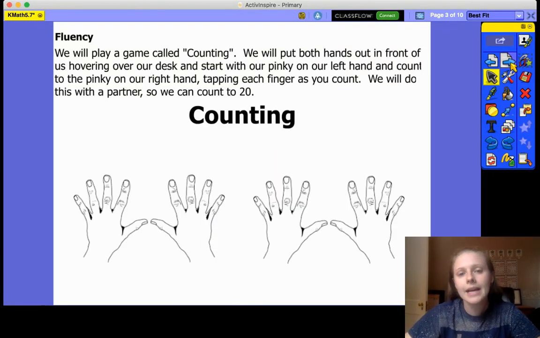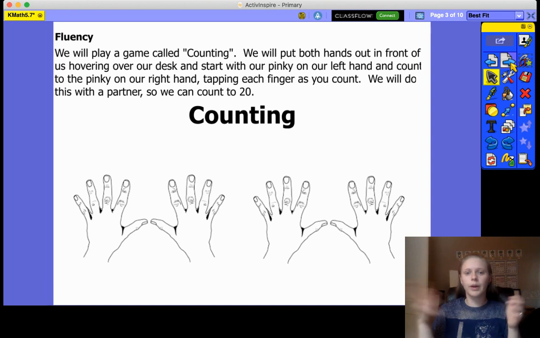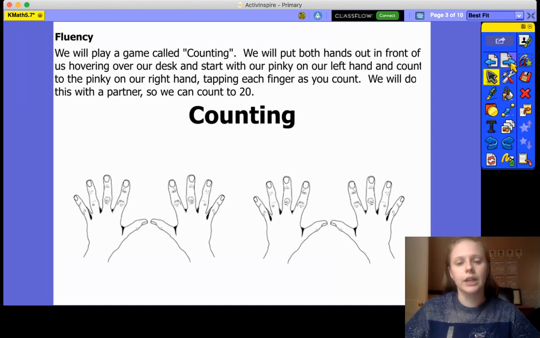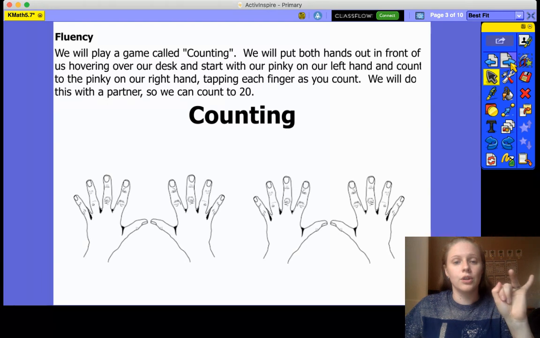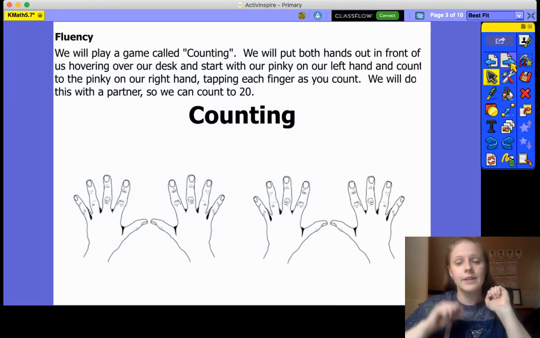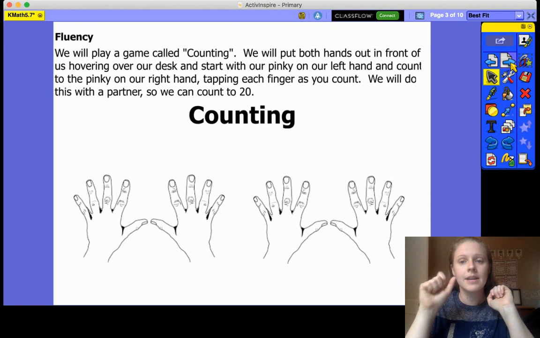All right, we're going to play a counting game, and if you don't have a parent or a sibling nearby, that's okay. But if you do, bring them over and we're going to count their fingers together. Or you could use your toes to count. So we're going to try to count to 20 with all of our digits. We're going to start with our pinky. Ready? 1, 2, 3, 4, 5, 6, 7, 8, 9, 10.